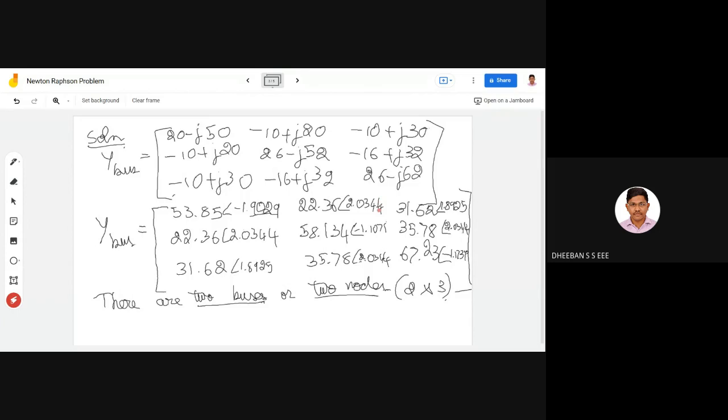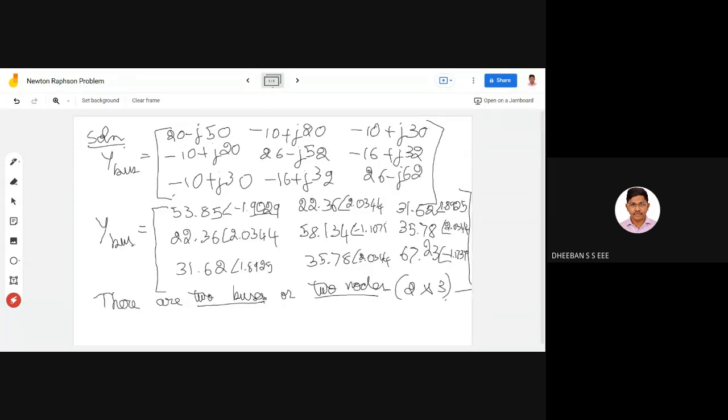All these admittance angles are represented in degrees, because here you are directly converting. If you put it in degrees, you'll get a different value. That's what I'm saying.